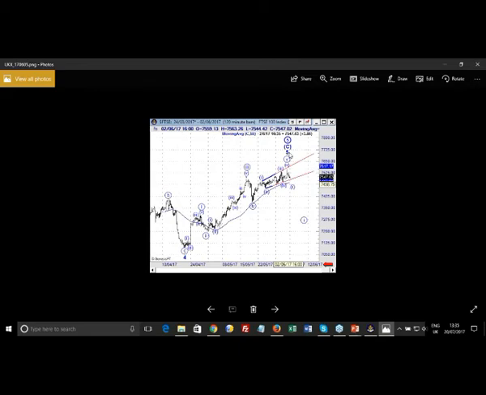According to my analysis, based on the long-term chart, I assume this is the end of the bull market. So the next move down will not be in 3, but a new cycle will start where we are in a bear market, and that decline will be in 5 waves, not in 3.